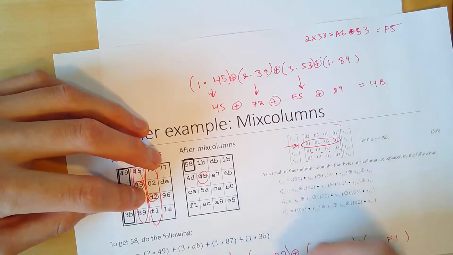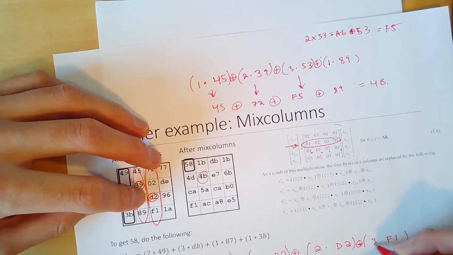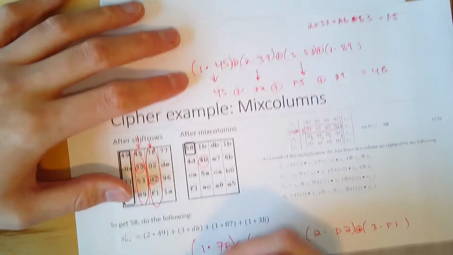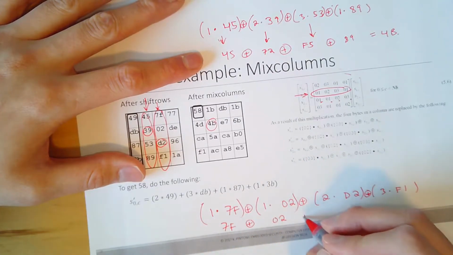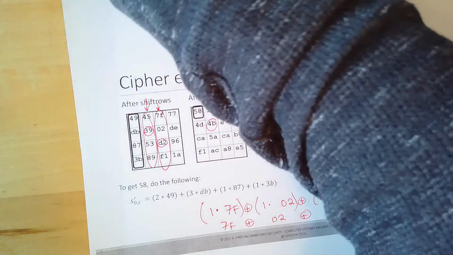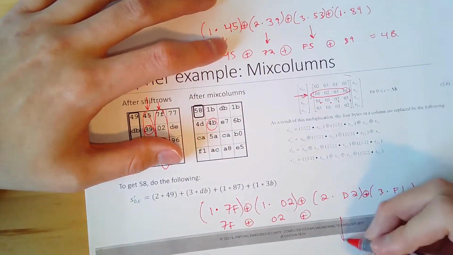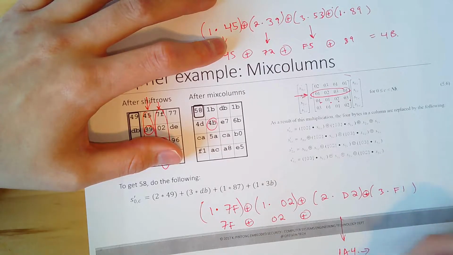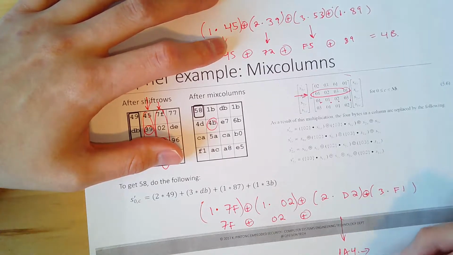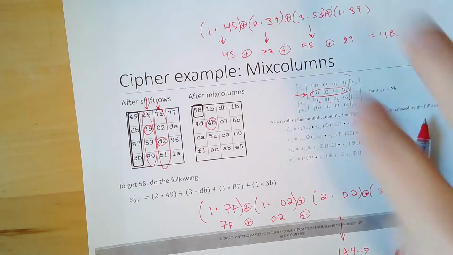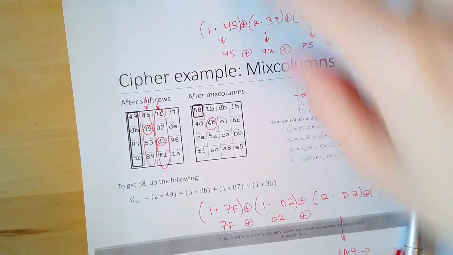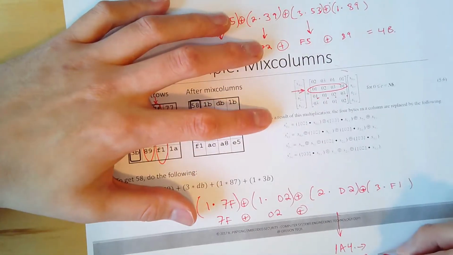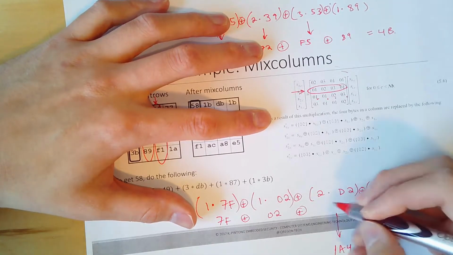So we're left with 7F XORed with 02, XORed with, let's do the 2 times D2, gives us 1A4. There's an overflow. So 1A4 we need to XOR with 1B. Gives us 1BF. Drop the 1, we're left with BF.